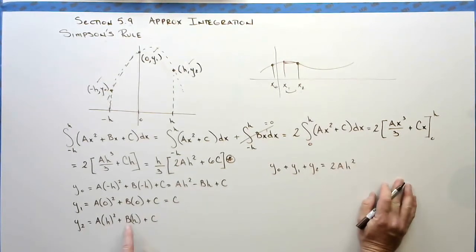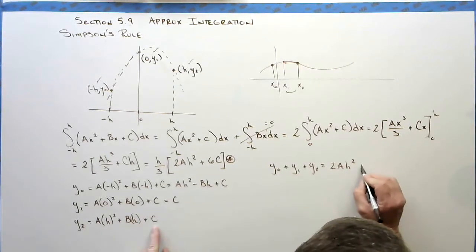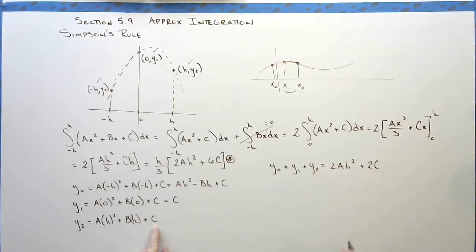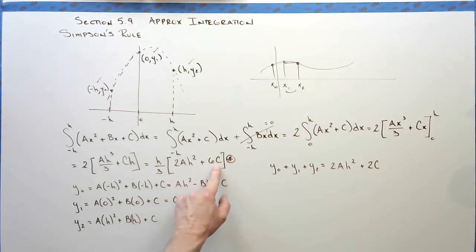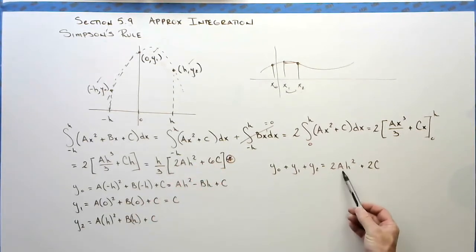That's a minus bh, that's a plus bh. Those go away. And we get c plus c. That's 2c. Now, if we look back over here, we have 2ah squared plus 6c. Here we have 2ah squared plus 2c.